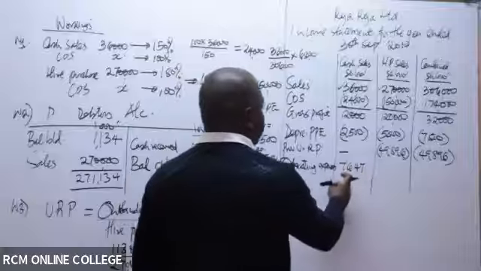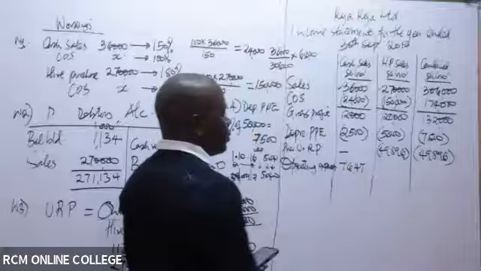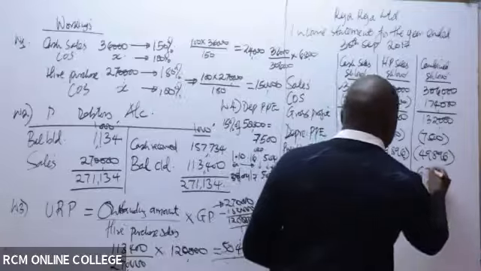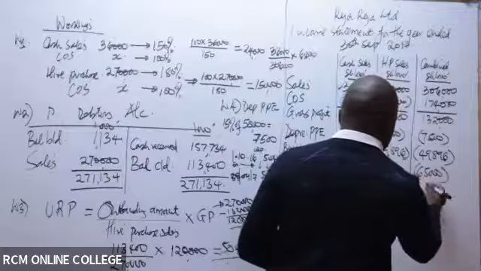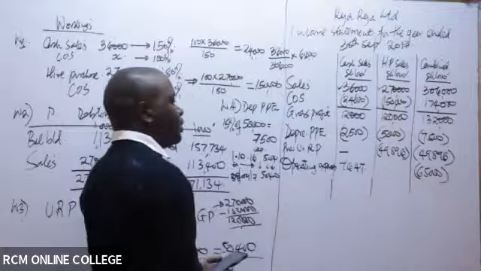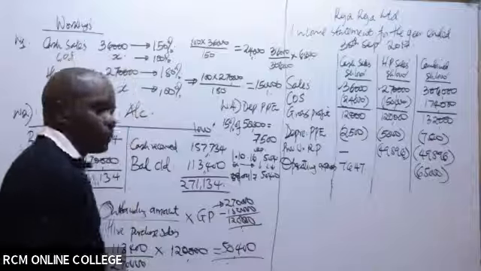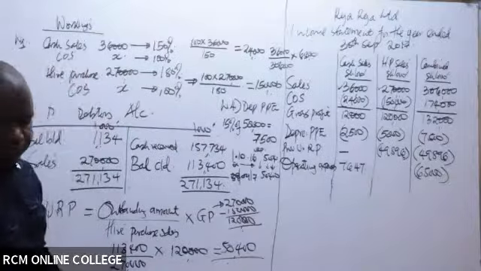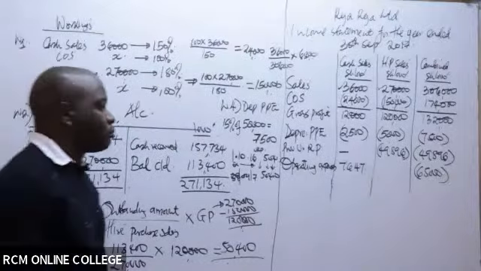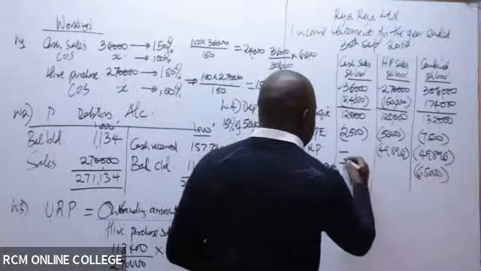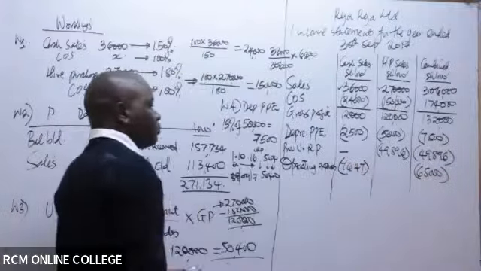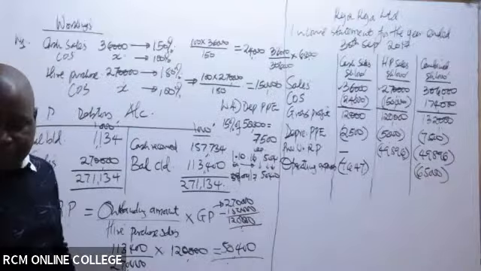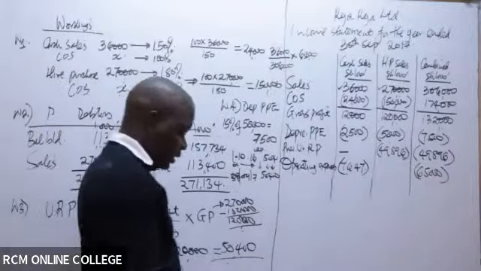Just minus from 65,000 to get the figure here, because the total here should actually be 65,000. So get the difference to get the figure there. So 65,000 minus 7,647 is 57,353.